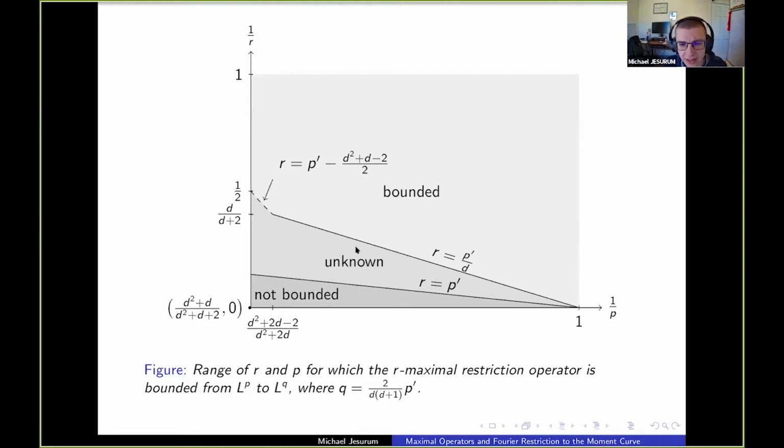And then there's this unknown region between r equals p prime over d and r equals p prime, where it's unclear what happens. Remember, larger values of r correspond to better convergence. So increasing r from p prime over d to p prime would be pretty nice. But that's currently unknown.